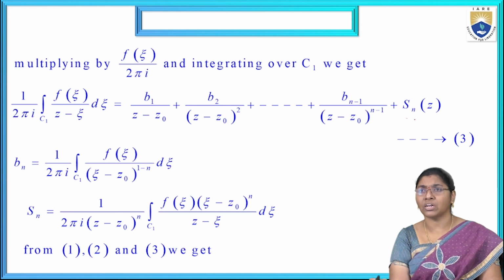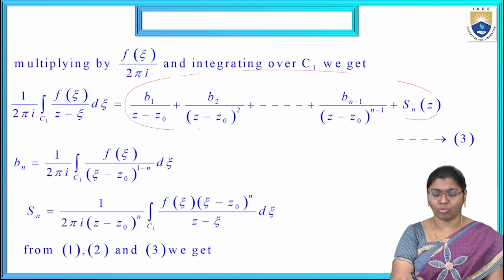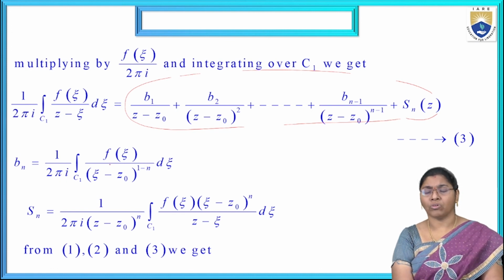This is a remainder term, it can be written like this. Completely this is converted into b n, 1 by 2 pi i integral over C1 of f(xi) by (xi minus z naught) whole to the power of 1 minus n dxi.